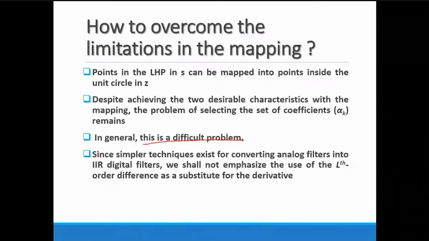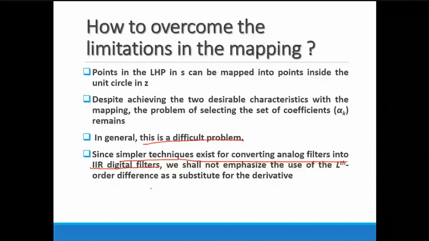And one more thing is that simpler techniques exist for converting analog into digital IIR filters. As I told you earlier, this method is suggested in your textbook, but that is the theory part. It is very easy to suggest that this is a remedy, but as far as implementation is concerned, it is very difficult to implement or design such filters.